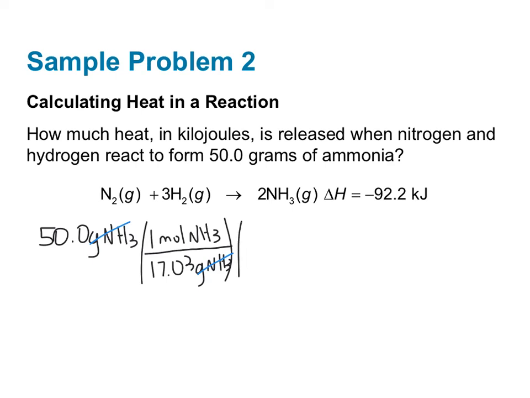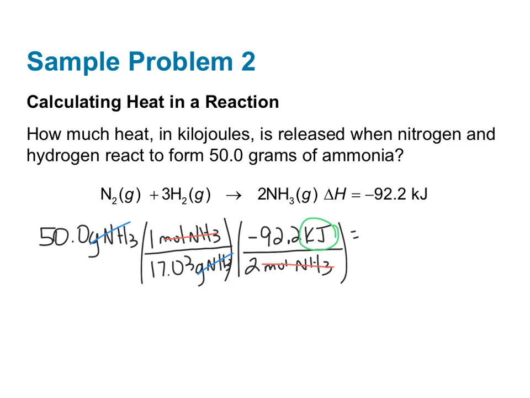This time I want kilojoules, so I'm going to put the kilojoules on top. I get negative 92.2 kilojoules for every 2 moles of ammonia. That 2 right here comes from the balanced chemical equation. Then the moles of NH3 cancel, and I get kilojoules as my final unit, which is what I was looking for.